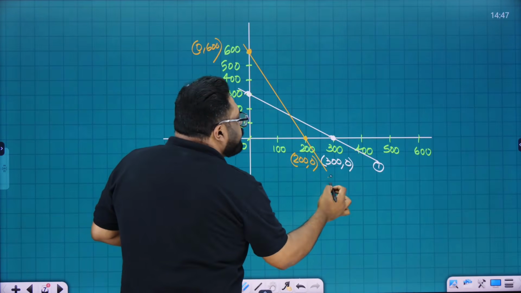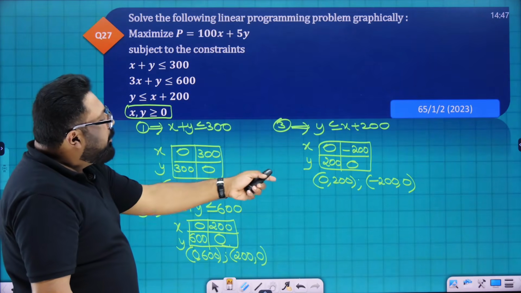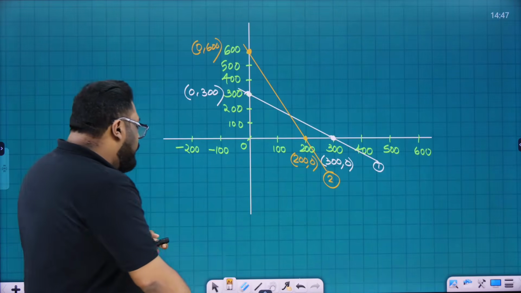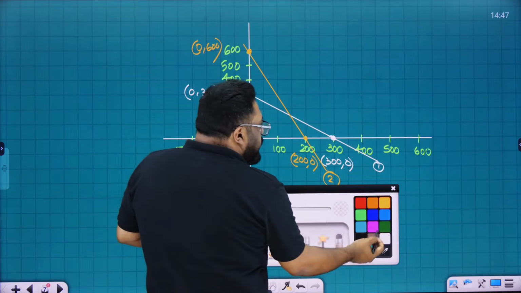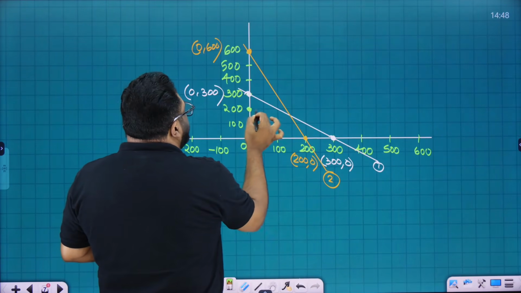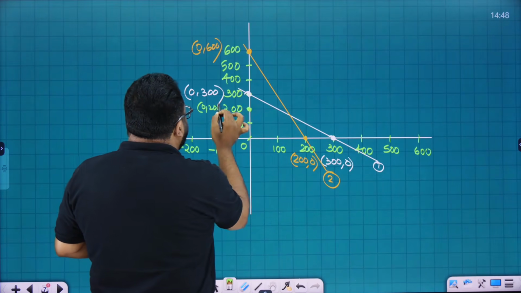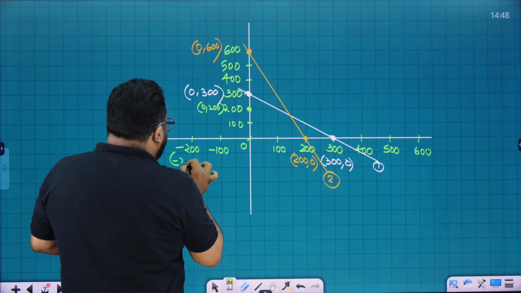Equation number 2. Equation number 3, my dears, coming from 0, 200 to minus 200, 0. This is 0, 200 to minus 200, 0.